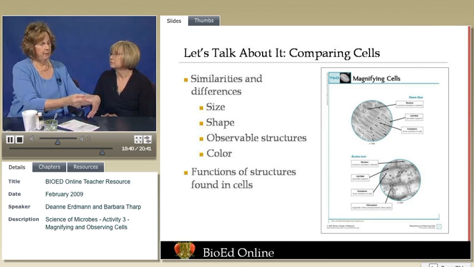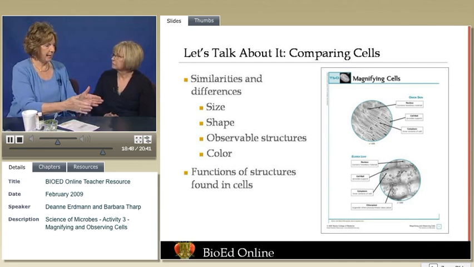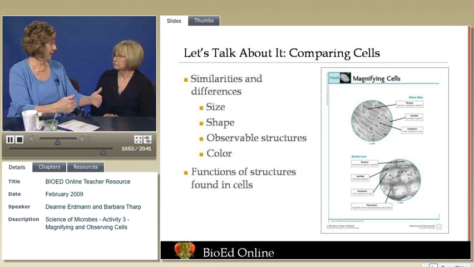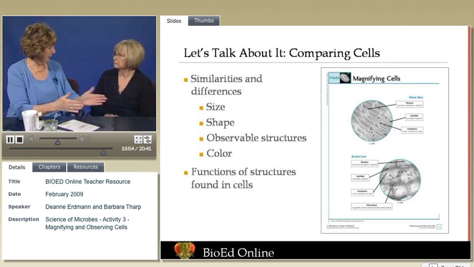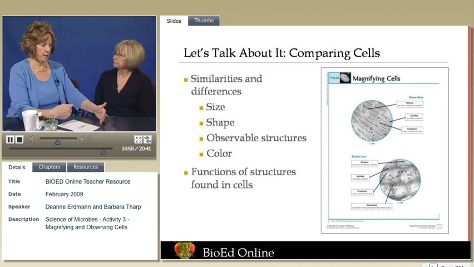Vacuoles can contain other kinds of things, but there's a big central vacuole in a plant cell, and it's full of water, sort of like putting a full balloon in the middle of that cell. It pushes everything firm against the outside, the cytoplasm, just as you were talking about.